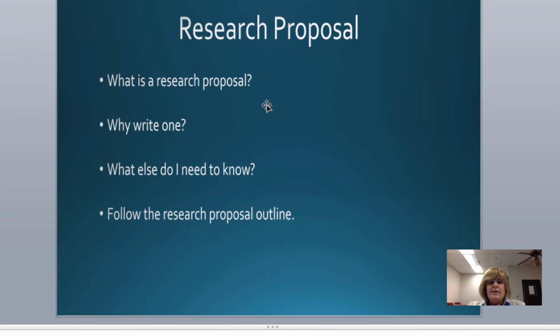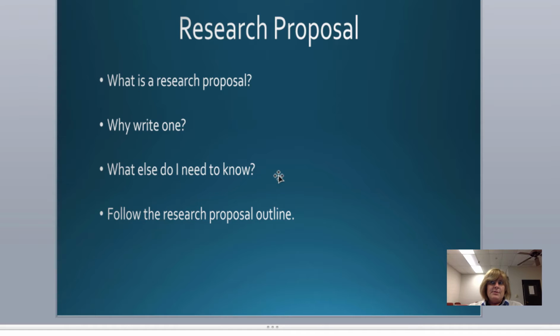It may be off base. That's okay. It happens sometimes, but you may be dead on it, all right? I just need to know. We need to get on the same page. So that's what a research proposal is. You're just basically telling me what you're going to write about. That's the reasoning behind why we're doing it.